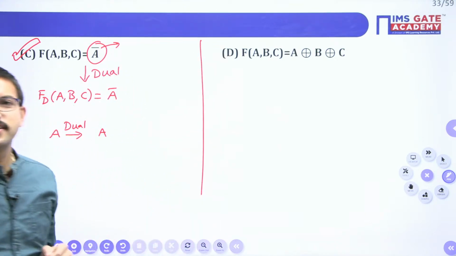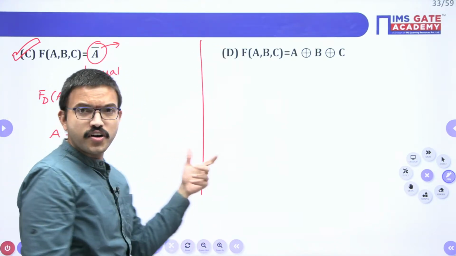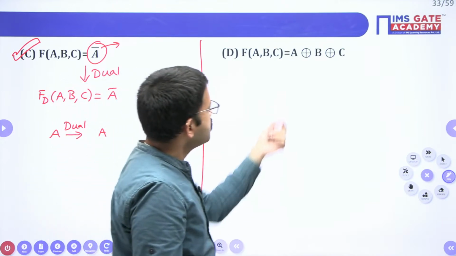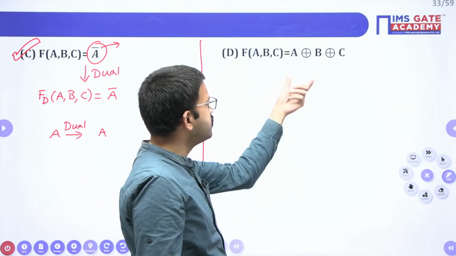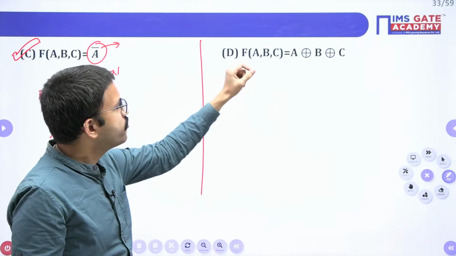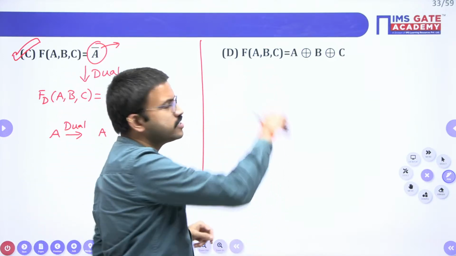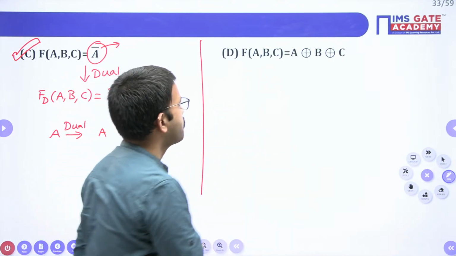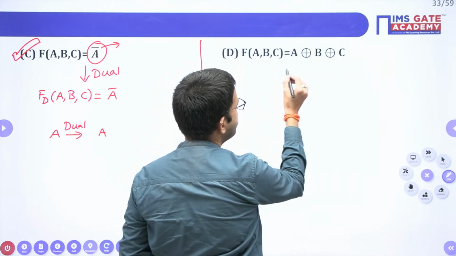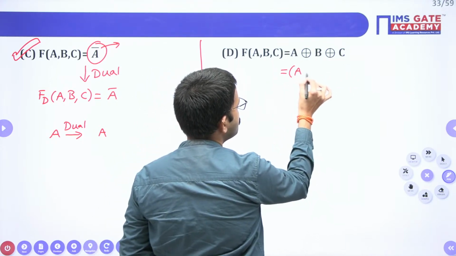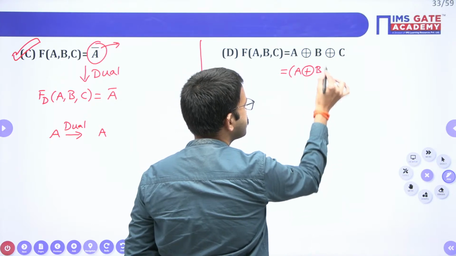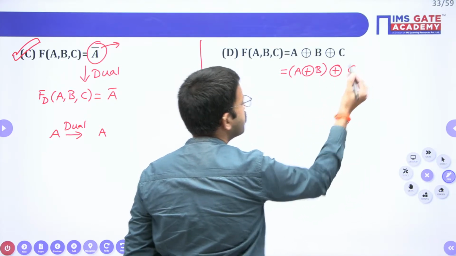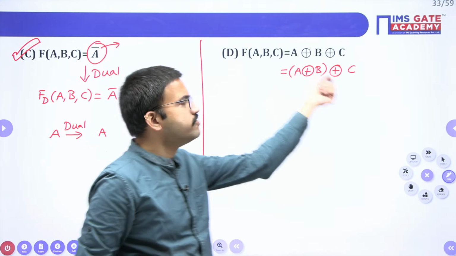Now, whatever you understood so far, some of you might have faced difficulty regarding this function, but we can find the duality regarding this function. See here, you have XOR among three variables. We can perform XOR on two variables and then with the third variable.